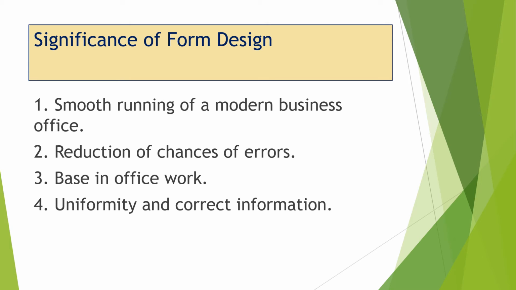These forms are helpful because a two-way system makes the office work easy and serves the related parties in a better way. Next point is uniformity and correct information. Office forms are helpful in maintaining uniformity and providing correct information.